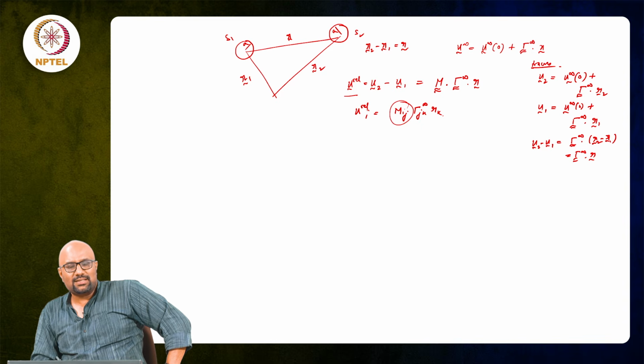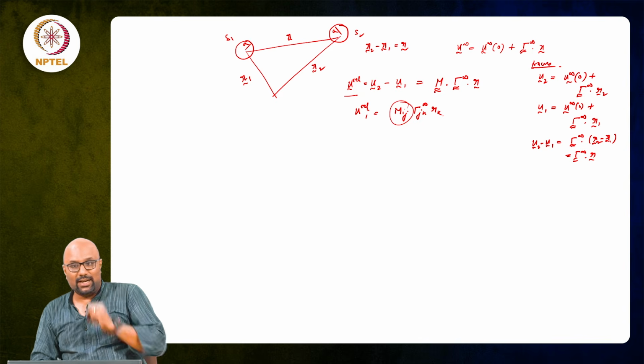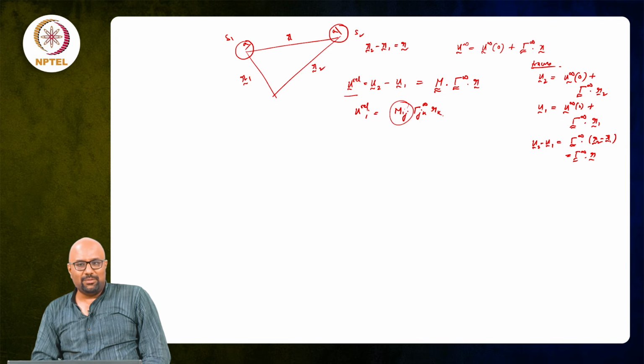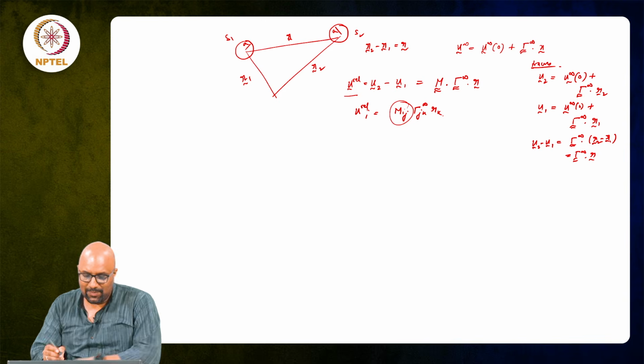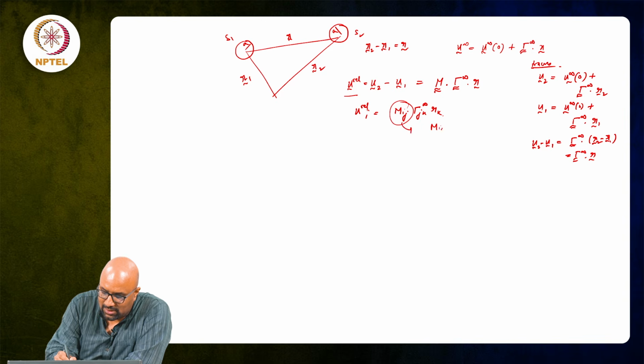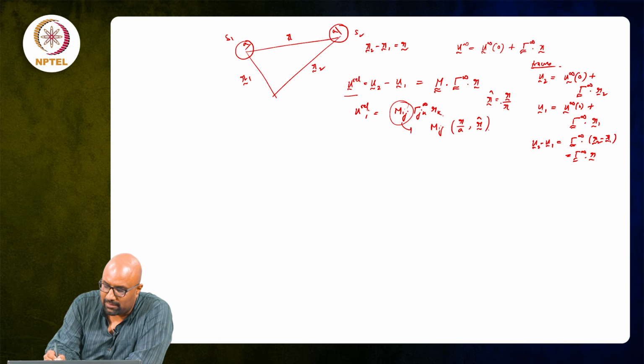It is dimensionless. Gamma infinity dot r is already a scale of velocity. So, Mij is dimensionless. So, now if it is dimensionless, it can only depend on dimensionless variables, right. So, Mij is only a function of r by a and r hat, where r hat is r by r.